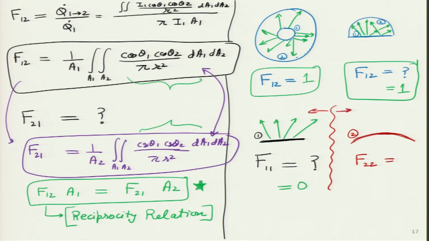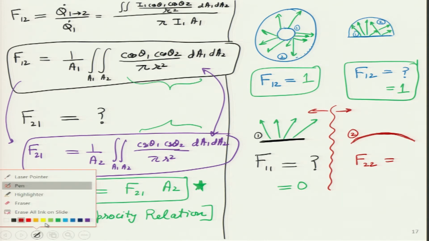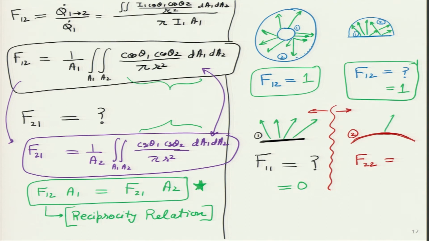So, only one surface is kept over here, that is surface number 2, and I want to find out the fraction of radiation which leaves surface 2 and then strikes it again, which means again we can write that this is equal to 0. So, in a curved surface as well, whatever radiation is leaving this curved surface, it is going in all directions, but it is never going to come and hit back another portion of this particular surface.